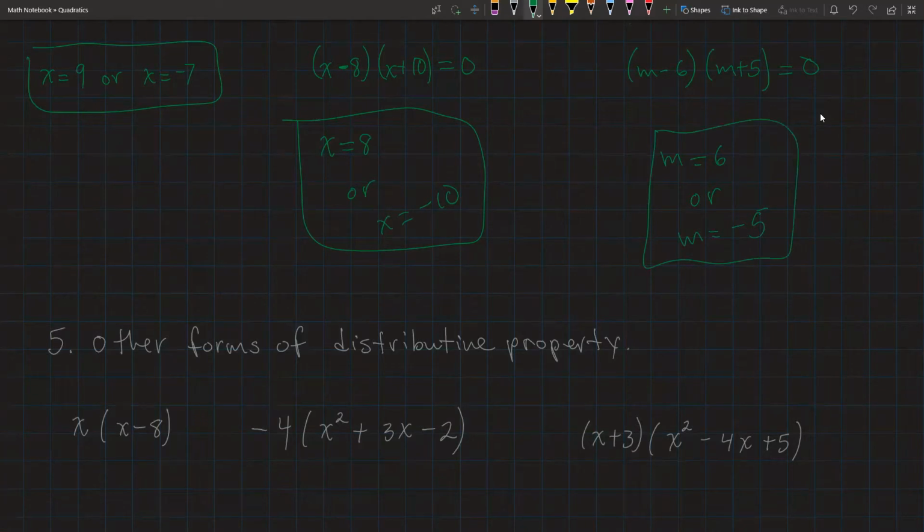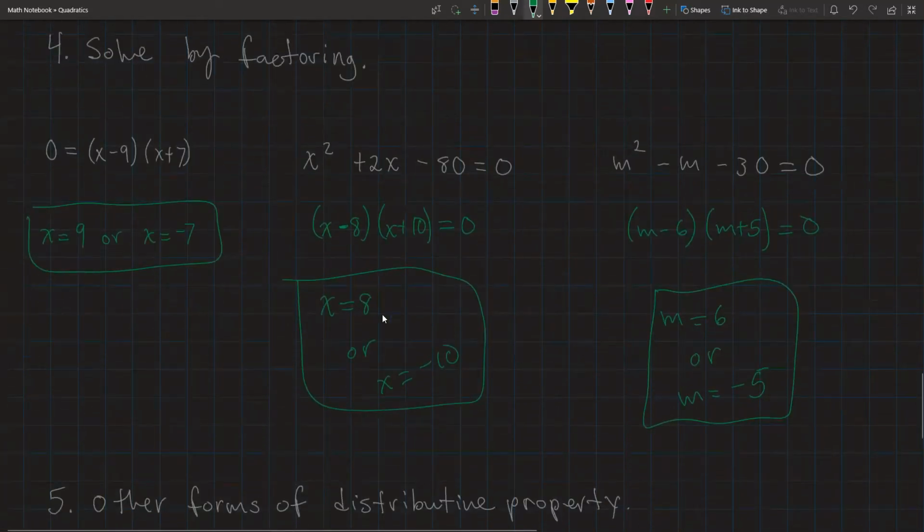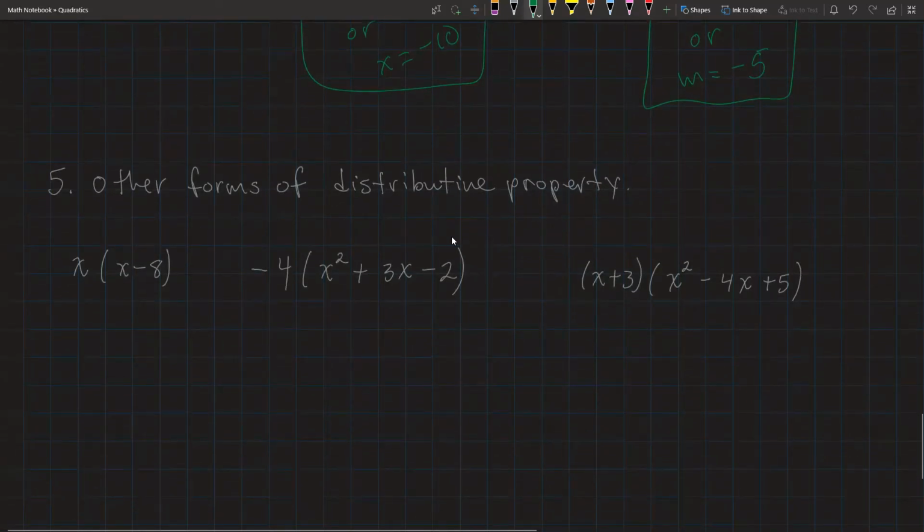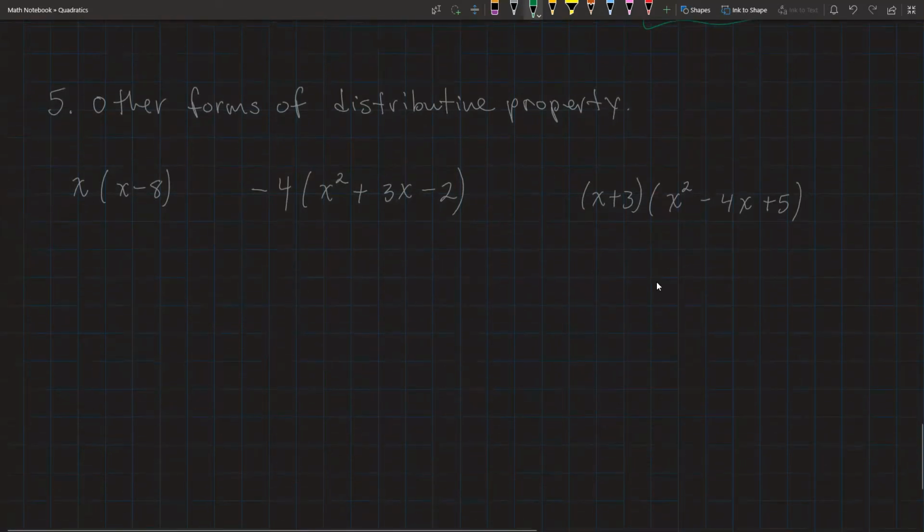Just to give you a little preview of where we're going. I'm not going to do more examples because there's another video coming up devoted to just this idea on its own, okay? To practice more factoring, of course. And one of the things that you may not see, one of these you will not see in the quadratic course, but how we will use quadratic distributive property later is this one you've seen before, and it's just x times x is x squared, and then x times -8 is -8x.